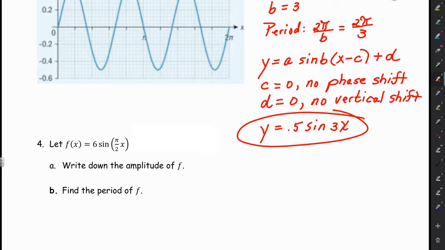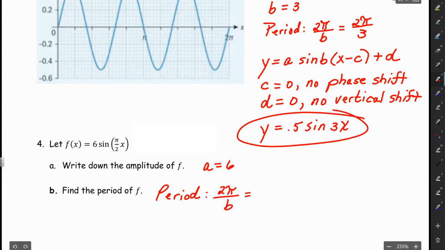All right, number 4, we have a function. Write down the amplitude of f. We just look at this function and we know that the value of A is 6. Right? The value at the front of the function is the amplitude. Now we're going to find the period. The period is equal to 2 pi over B because this is a sine curve.